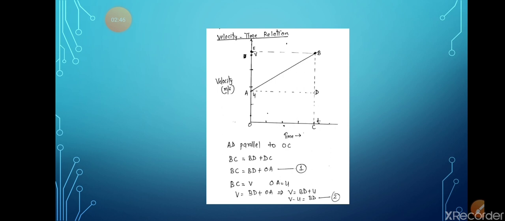So BC is v and OA is u. So in equation 1, v equals BD plus OA, and when you rearrange, it becomes v minus u equals BD.